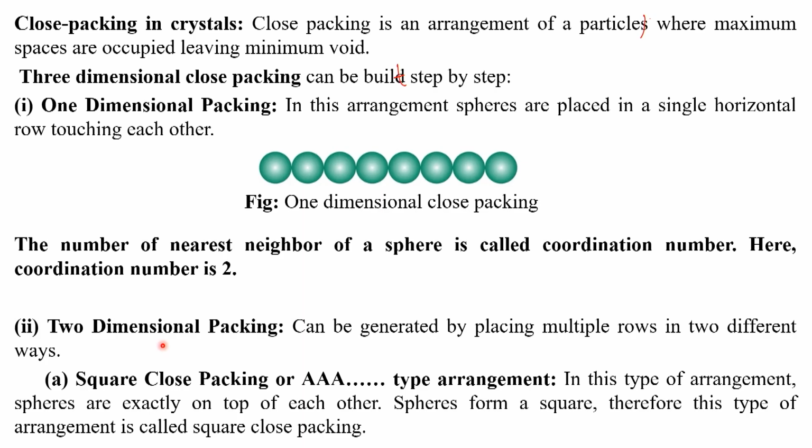Then we discuss 2-dimensional packing. It can be generated by placing multiple rows in different ways. First is square close packing or AAA type arrangement. In this type of arrangement, spheres are exactly on top of each other. Spheres form a square, therefore, this type of arrangement is called square close packing.